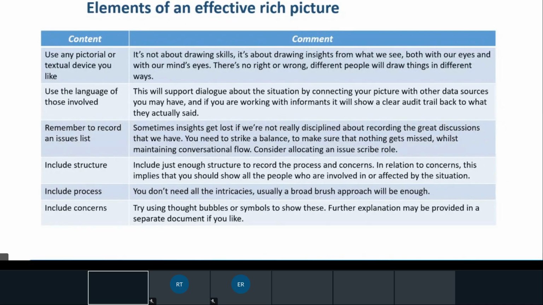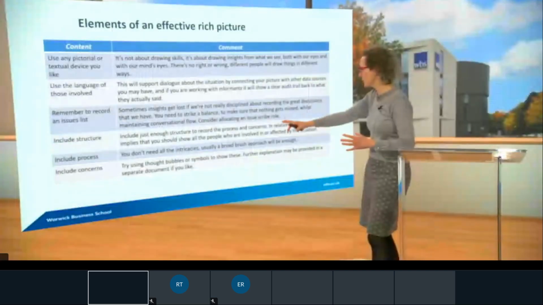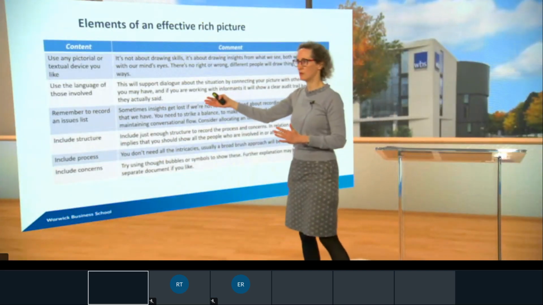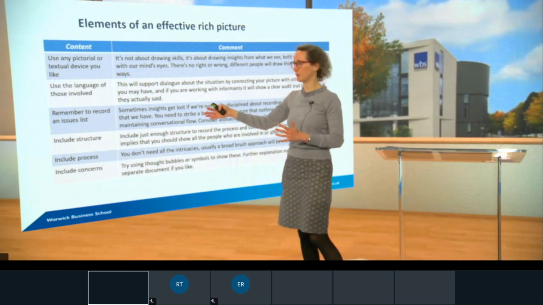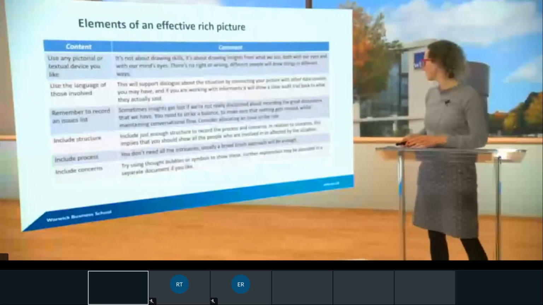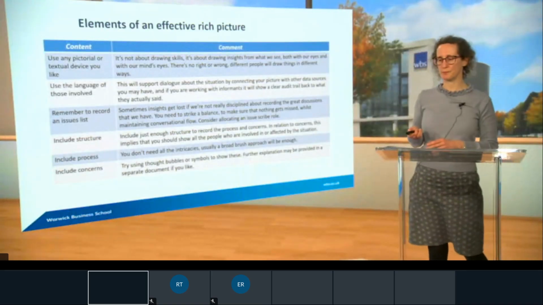We don't need all the intricacies. And a hint around including concerns that, you know, these support the expression of the content that we might find in the issues list. It's also an opportunity to use the language of those people that are involved.